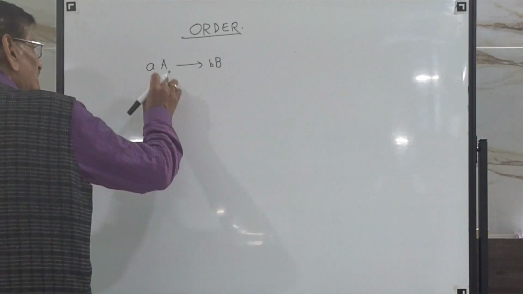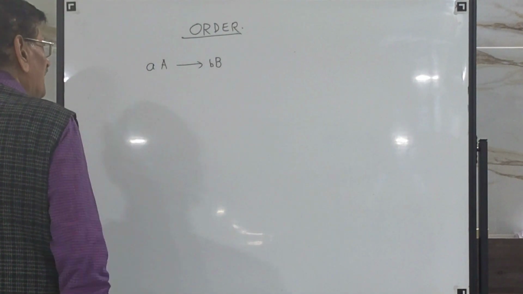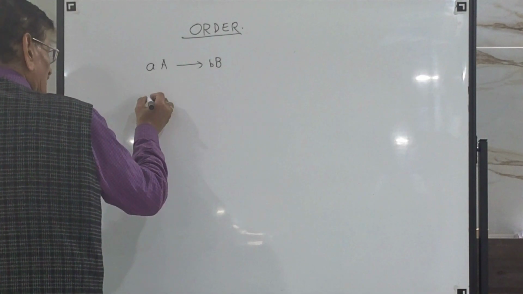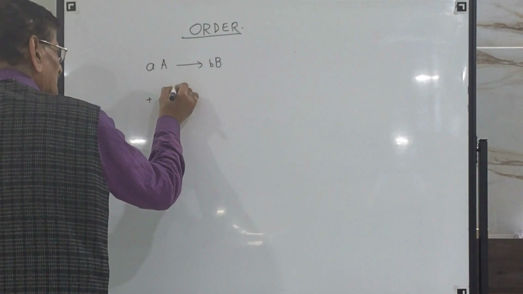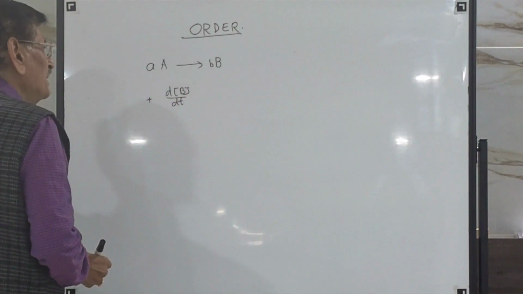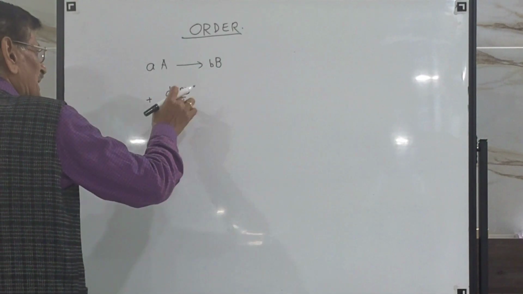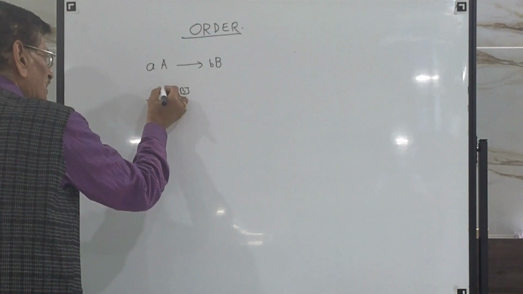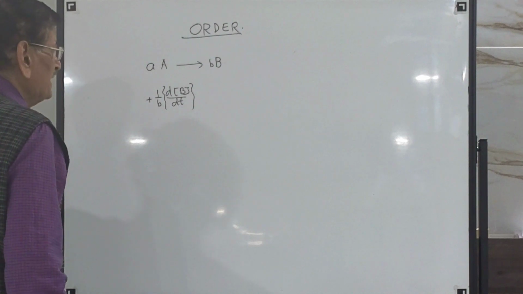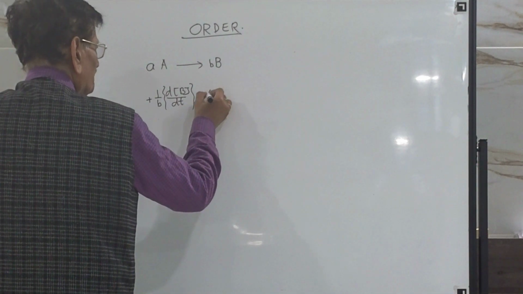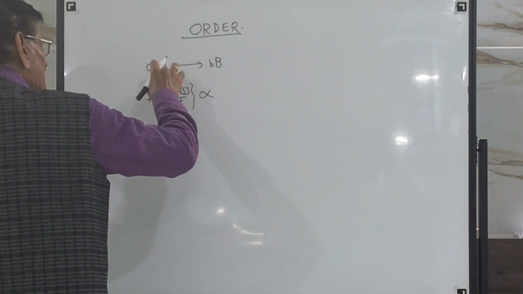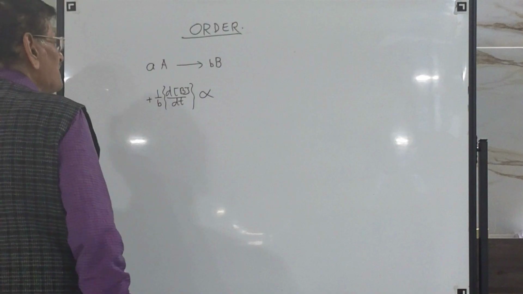Suppose the concentration of A is doubled, and then the rate of production of B, plus dB by dt, per mole, that is 1 by b, is proportional to the concentration of A. When the concentration of A is doubled, the rate increases 2 times.